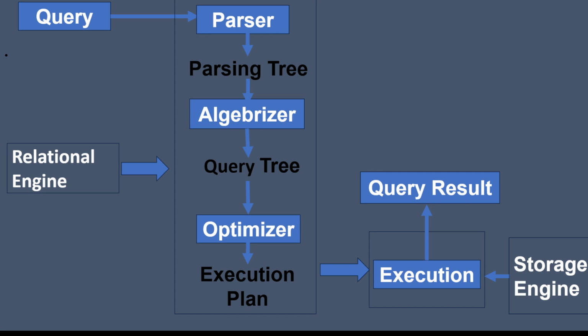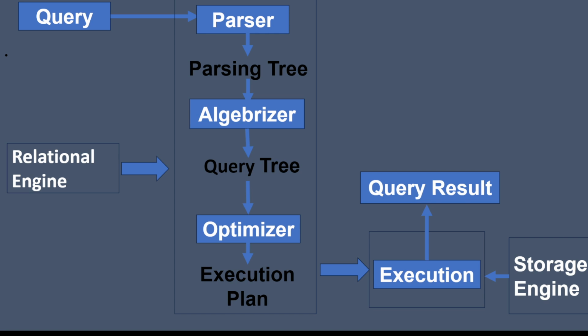So what does the algebraizer do in layman language? It will check the query you have written. In that query, you have used objects like tables and views. Do these views exist in your DB or not, and do you have the permission to execute these, to read the data from this table or view or not?